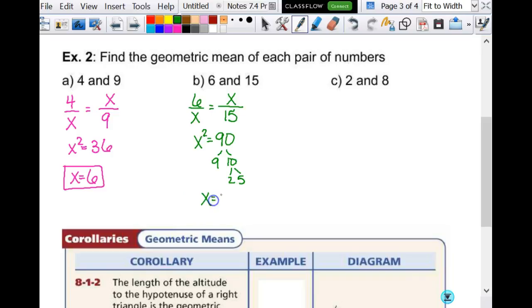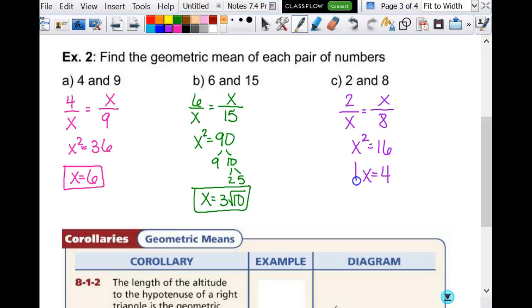So X is just going to be 3 square root of 10. If you haven't already done the last one, then pause the video, do that, and then come back and see what you got. Okay, so here's how I set this up. 2 and 8, it does not matter which one is which here. We get X squared equals 16, which means the geometric mean is 4.